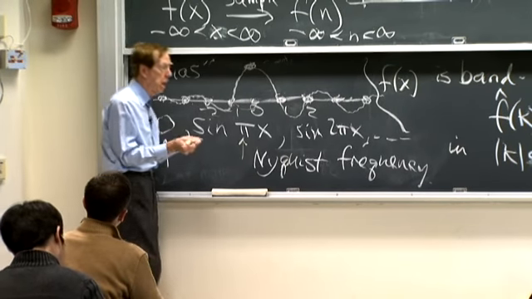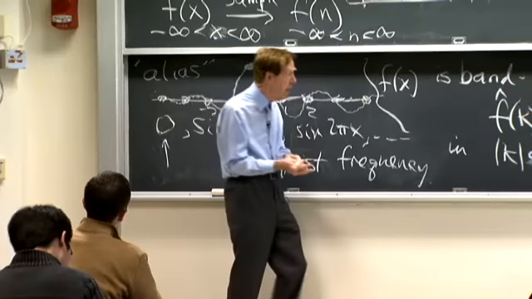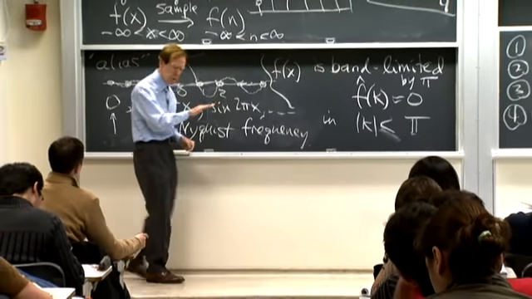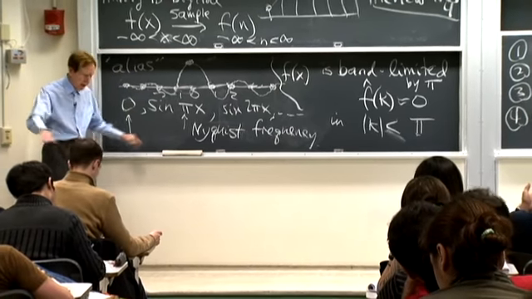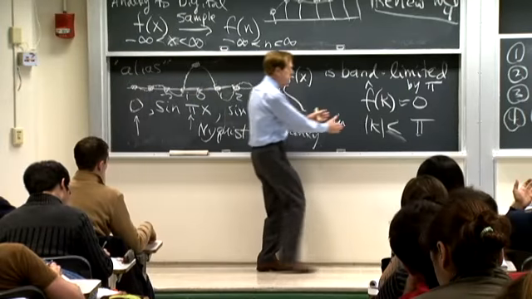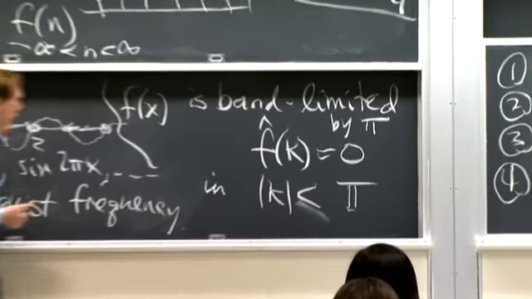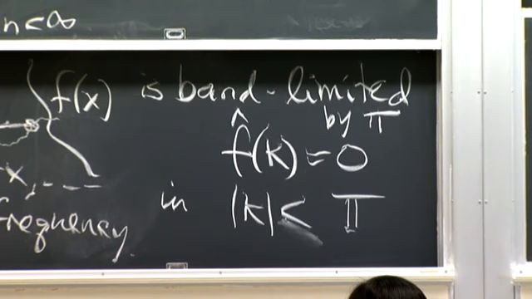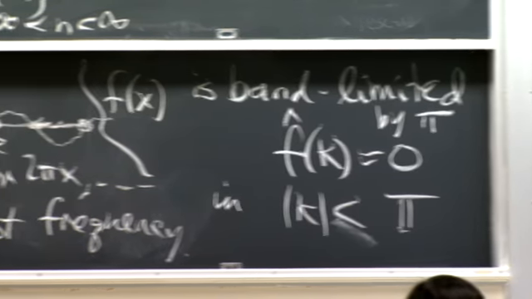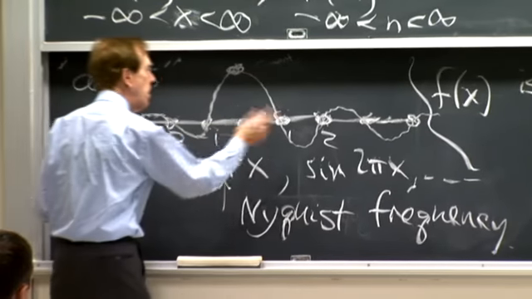Okay, this is really an extreme case. It's dropped off totally. It's not just decay rate, it's just zonked out beyond this band of frequencies. And so that gives, you could say, sort of a hyper-smooth function. I mean, so smooth that you know everything by knowing these samples.